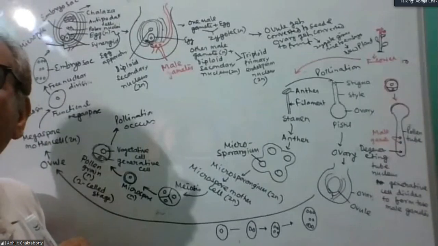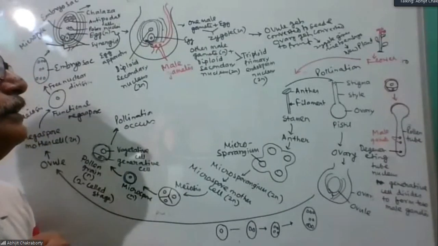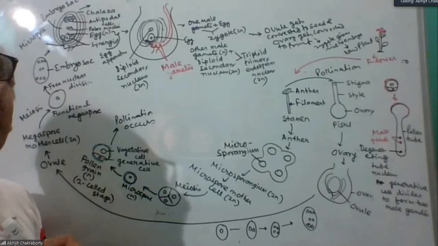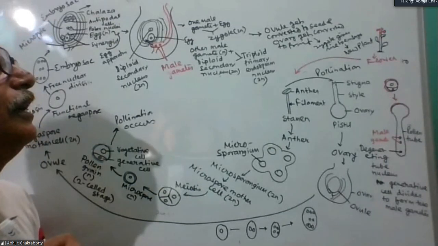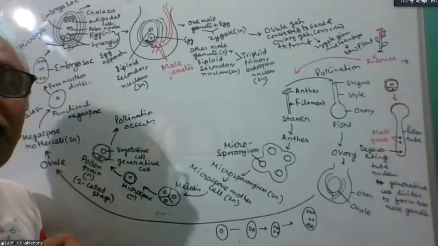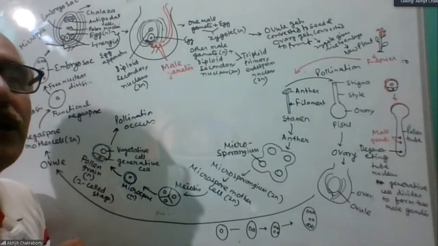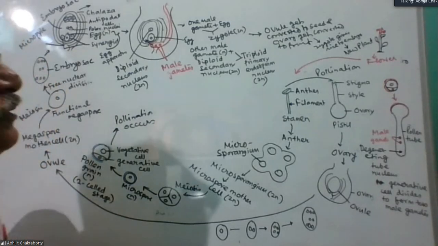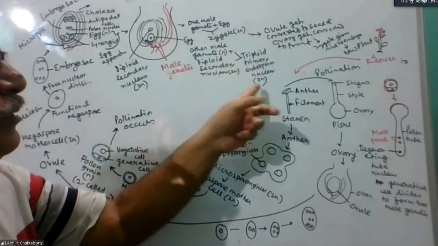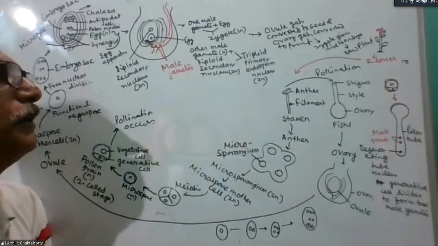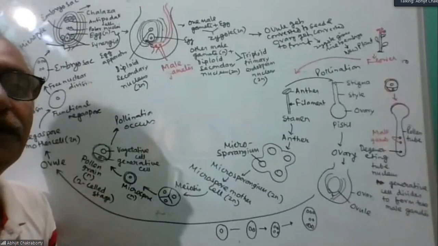The other male gamete fuses with the secondary diploid nucleus. So the male gamete is N, the secondary diploid nucleus is 2N, so N plus 2N equals 3N. The triploid primary endosperm nucleus is formed.